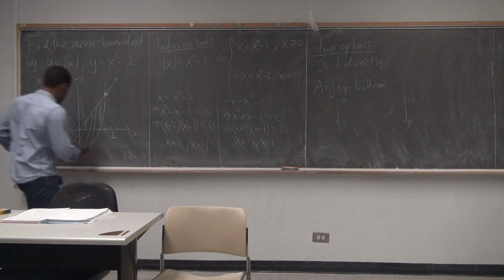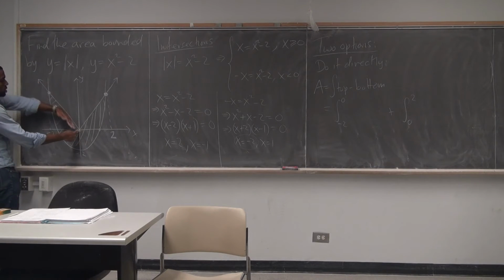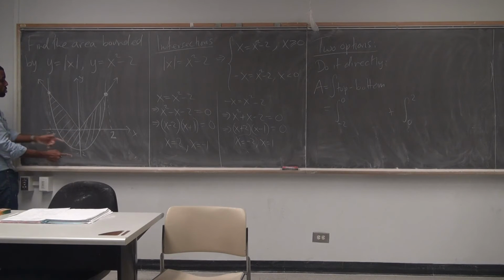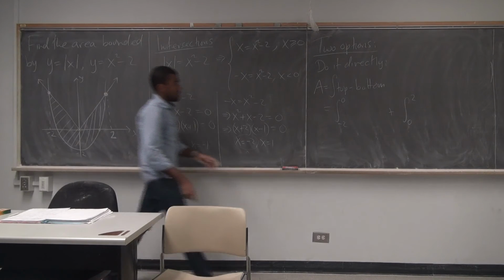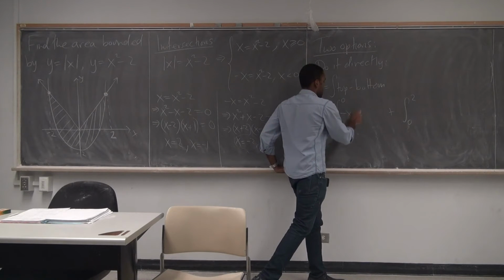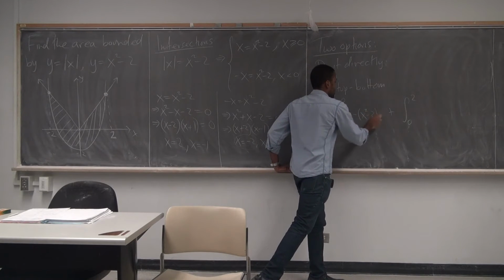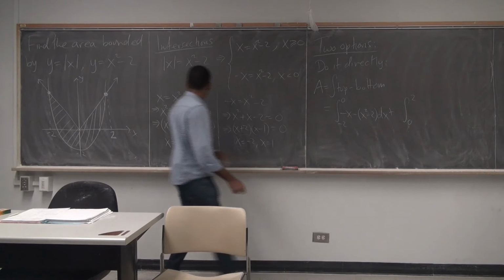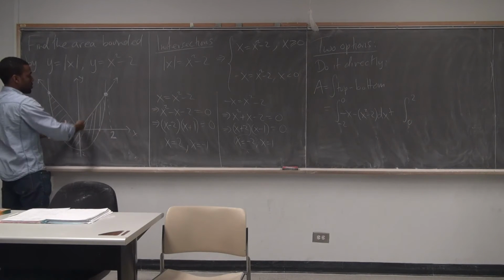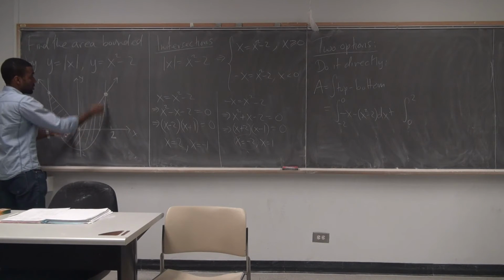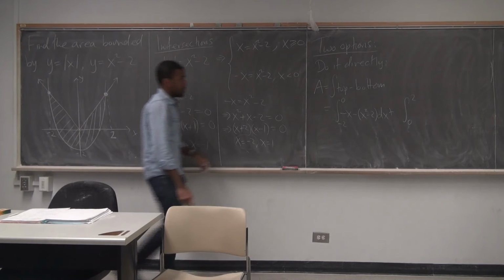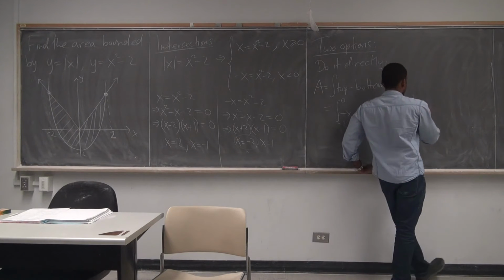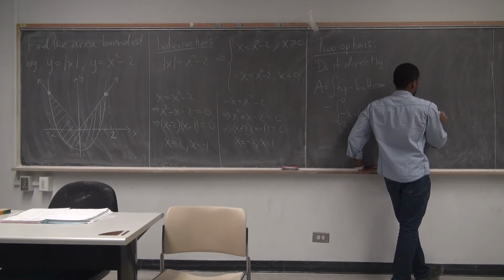If you're looking at this region here, the top function is minus x, and the bottom function is the parabola x squared minus 2. So you'll have minus x minus (x squared minus 2). On this side, the top function is x, the bottom is x squared minus 2. So here I have x minus (x squared minus 2).